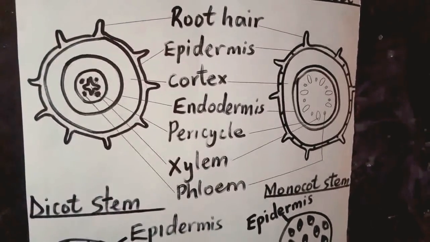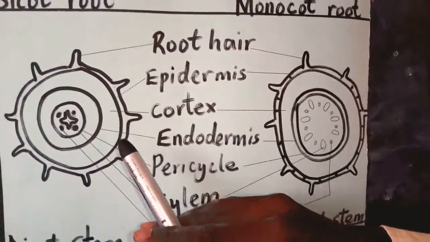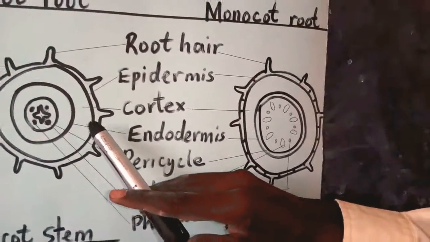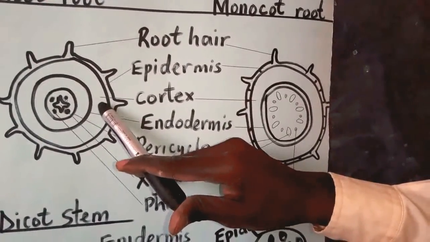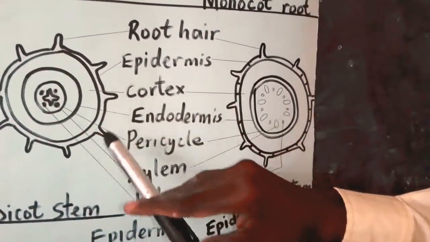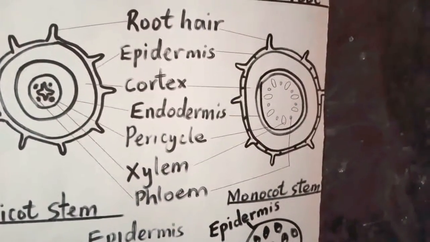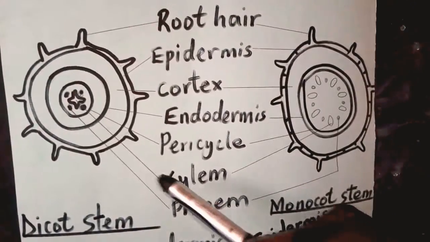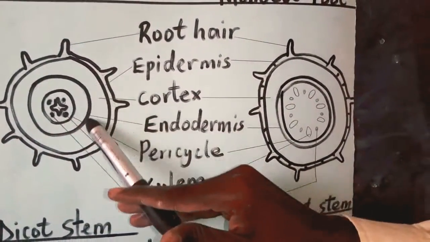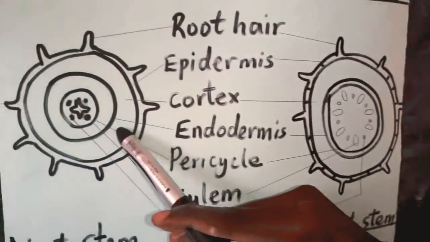All those tissues that are found within the cortex, the first two that I mentioned, that is collenchyma and sclerenchyma, are strengthening tissues. Collenchyma is a tissue which is thickened by pectin and cellulose, hence making it serve as a strengthening tissue within the cortex.